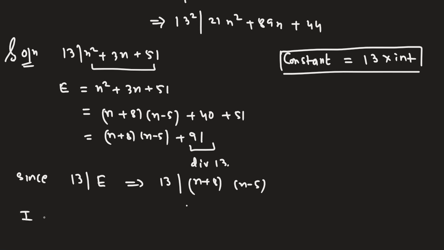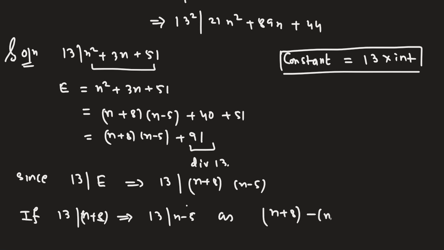If 13 divides n plus 8, just like the previous sums, this implies 13 divides n minus 5, as their difference, n plus 8 minus n minus 5, is nothing but 13.